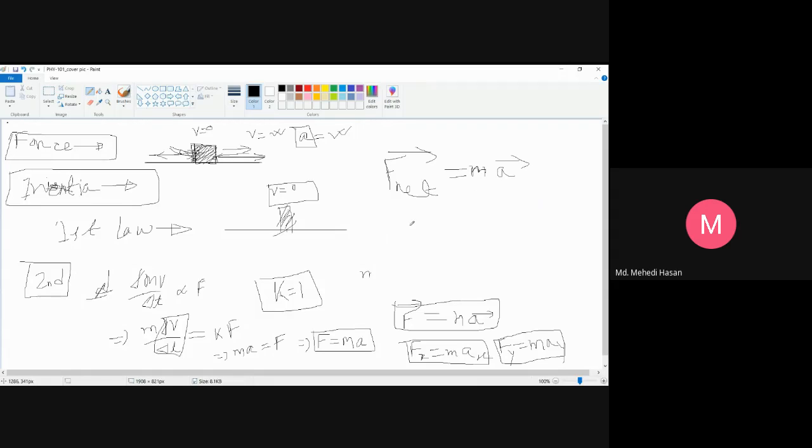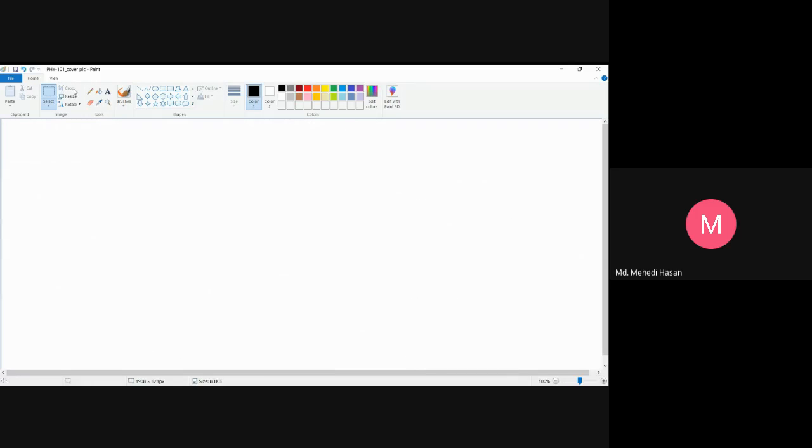In that case, net force on the x-axis is equal to m a x, and net force on the y-axis is equal to m a y. So these are the formulas, or mainly the topics covered in the second lecture video.